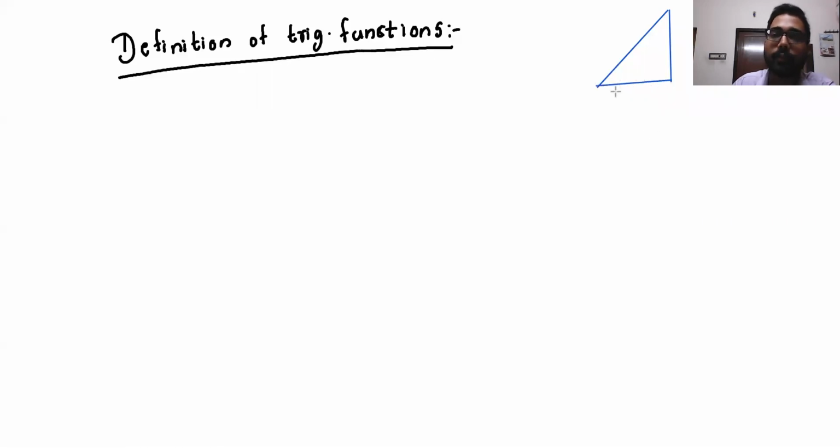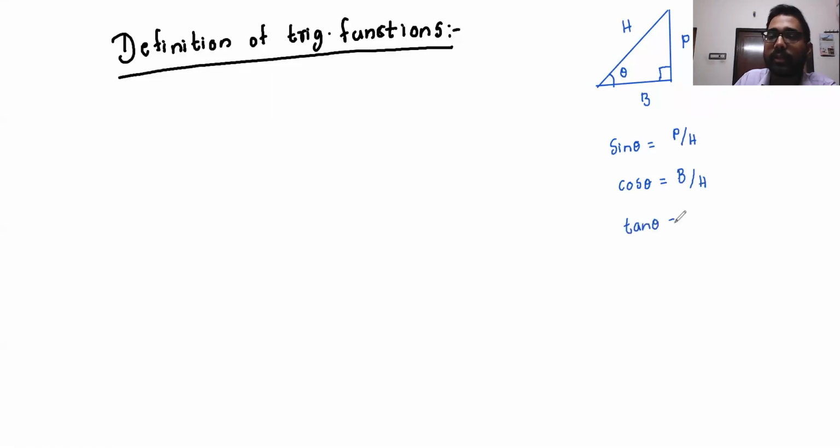There we know the definition. Let's say this is theta, this is perpendicular, this is base, and this is hypotenuse, and this is a right angle triangle. In school you have learned sine theta is perpendicular upon hypotenuse, cos theta is base upon hypotenuse, adjacent side upon hypotenuse.